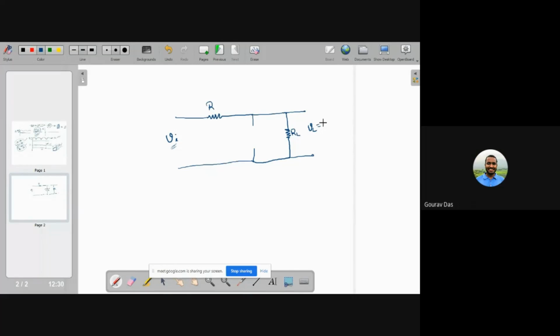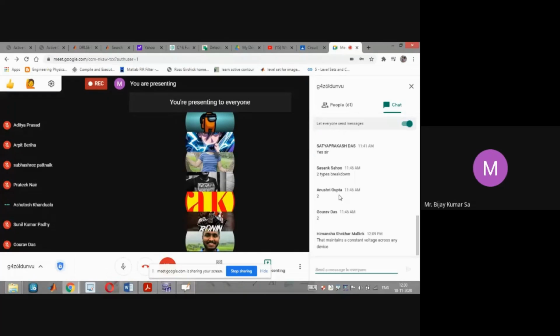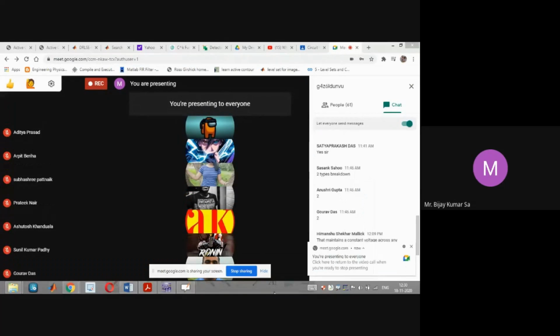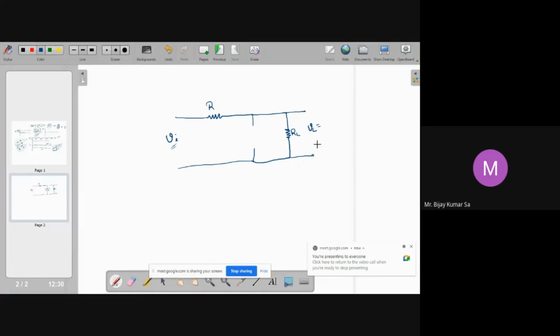Use the voltage divider. VI into RL by R plus RL. Yes, I couldn't hear. What will be this VL in this circuit? Somebody just reply.